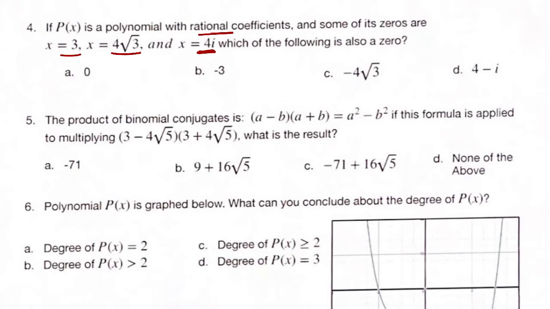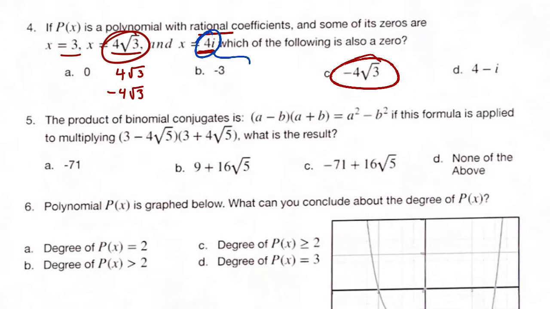Well, 0, no. -3, no. Right here, as soon as you see this radical 4 root 3, these things always come in those conjugate pairs, so -4 root 3 has to be a solution. Also, 4i is a solution. That's a square root of -1, so imaginary solutions also come in those pairs. So instead of the -4 root 3, if they had a -4i here, you'd choose that one.